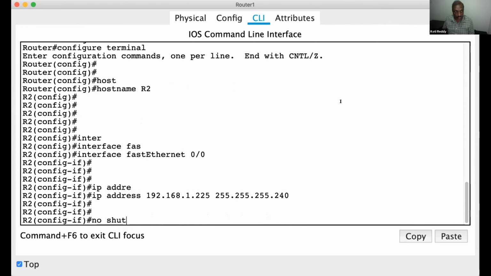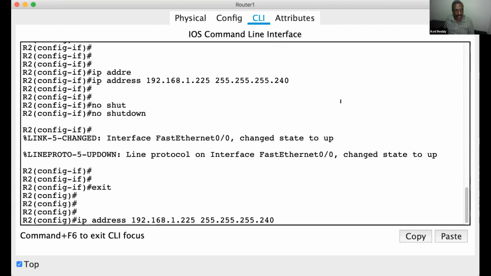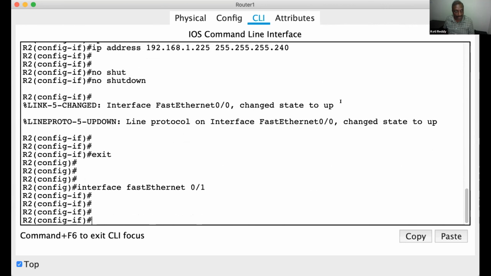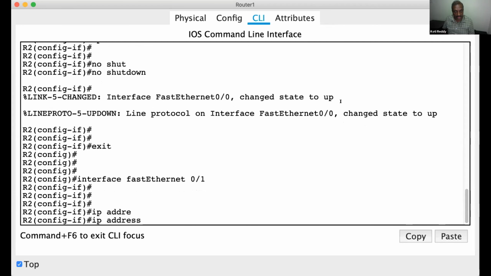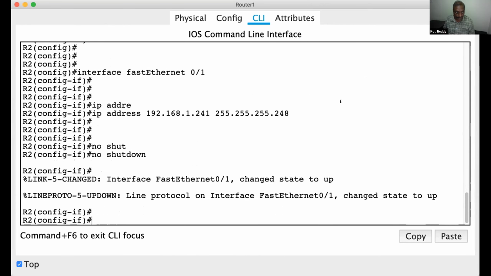No shutdown. Similarly, exit. Interface FastEthernet 0/1, IP address 192.168.1.241/29, mask 255.255.255.248. No shutdown.